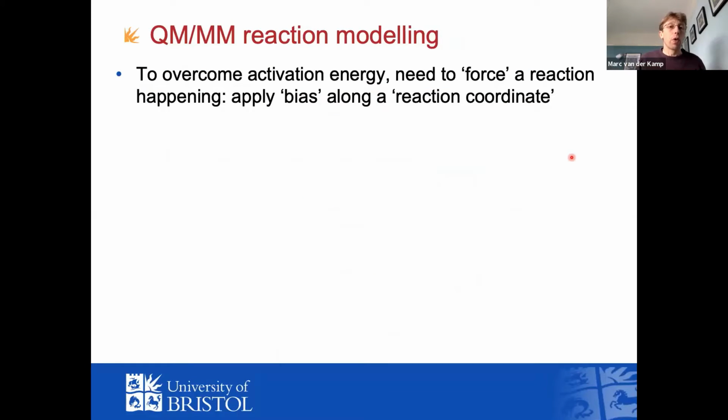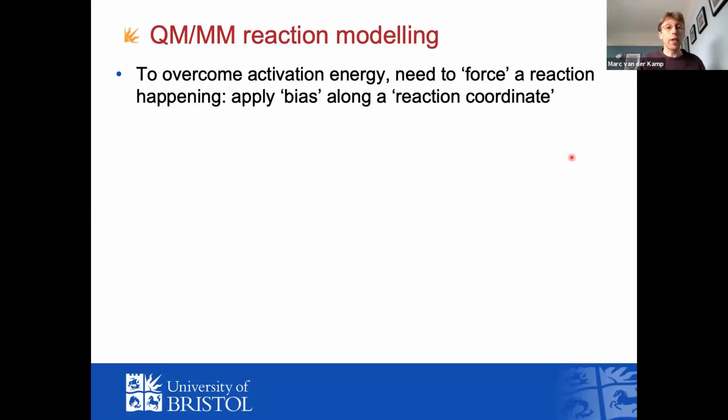QMM reaction modeling then. So what we do when we want to model a reaction with a QMM method, we need to overcome this big barrier. So this big barrier, for a typical enzyme, even a fast enzyme, the rate will be once per second or something. So obviously we can't simulate a system with QMM and wait for the reaction to happen.